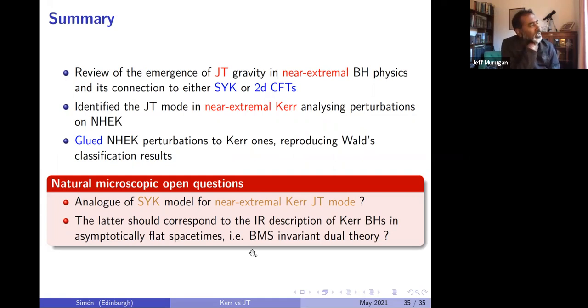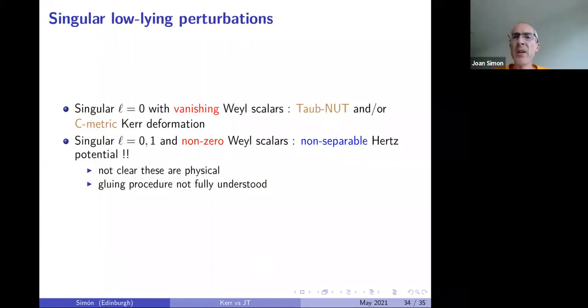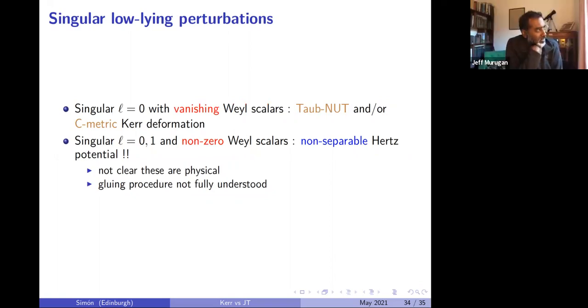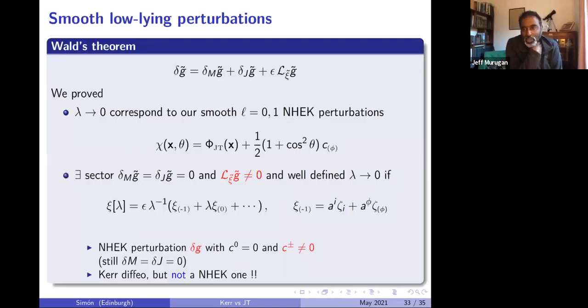So let me see if I understand the overall philosophy here. The statement is, if I start off with Kerr and I take the near horizon limit of Kerr, then I get AdS2. And I guess the philosophy is similar to what we would do to get AdS5, for example.